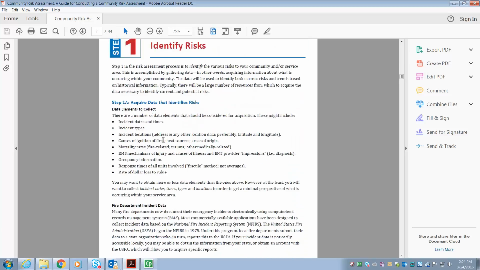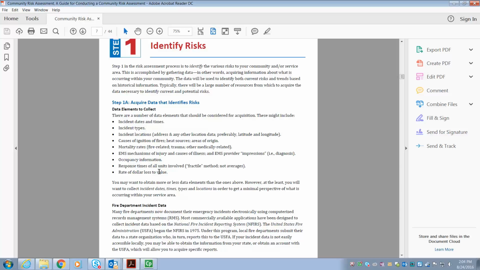I'm going to scroll down to identifying risks. This is where we acquire data that identifies a risk. We look at different types of incidents, police records, fire records, EMS calls. Where are they happening? If it was a fire, what are the causes? Are they fire related? Did people die? How seriously were people injured? The mechanism of injury and the causes of the illness.